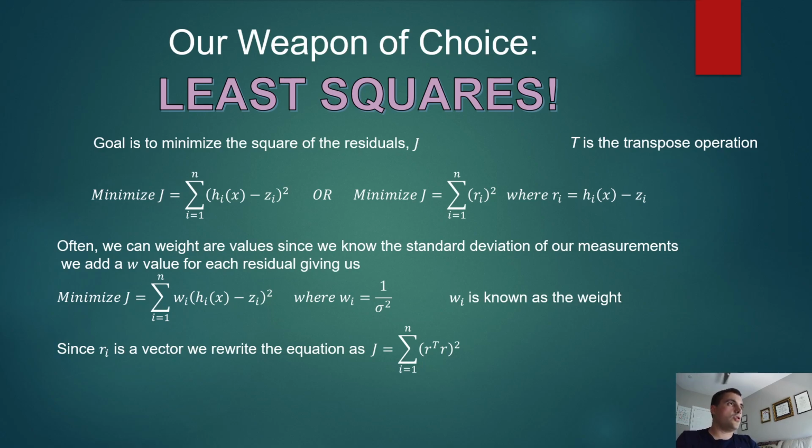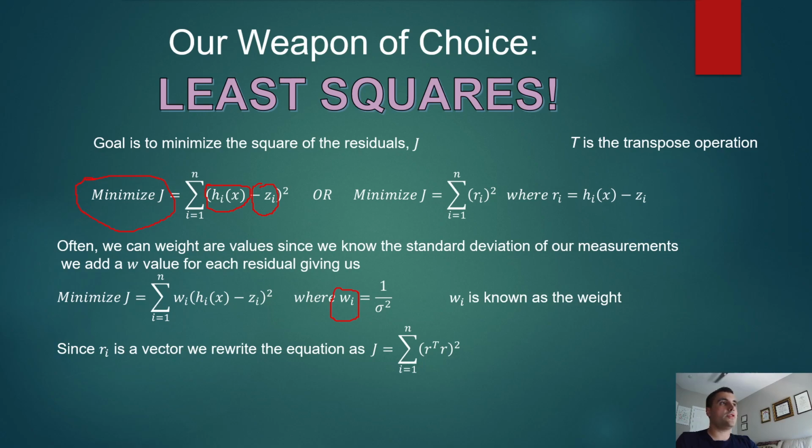So our goal for least squares is to minimize J, which is nothing more than the sum of the squares of the differences between the expected measurement and the actual measurement. Oftentimes we'll put some kind of weight onto the measurements that's basically a description of how accurate it is.